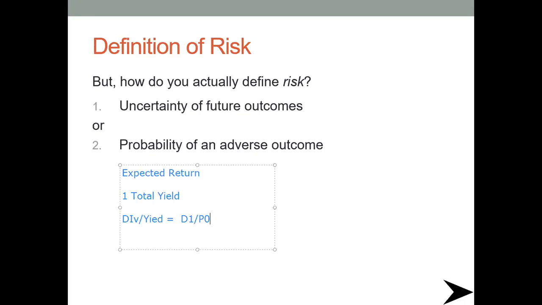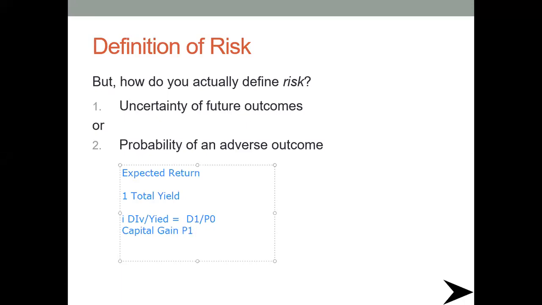At the time when you are going to calculate your expected return from the total yield, the first step is to calculate dividend yield, and then you will calculate capital gain. And you should know about the capital gain.